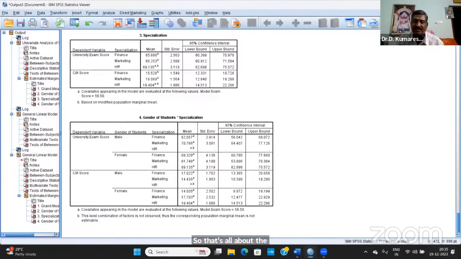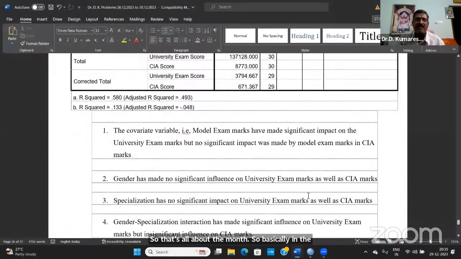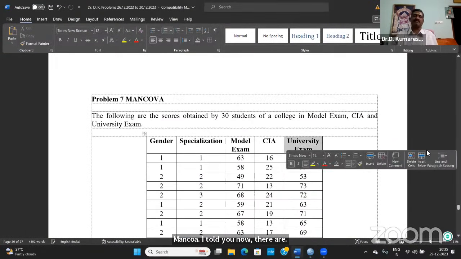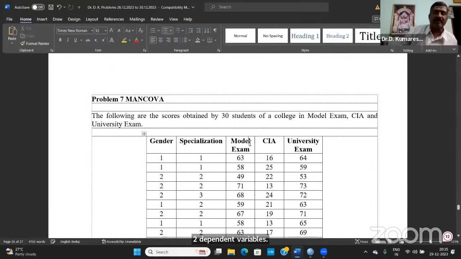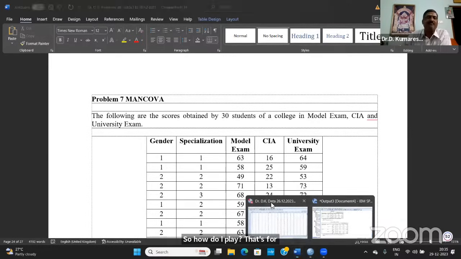So basically, in the MANOVA, I told you, there are two dependent variables and one covariate variable. All these variables are given in scale data. When we come to the independent variables, there are two independent variables. They are given in nominal data. So how to apply? As usual, once again recap.